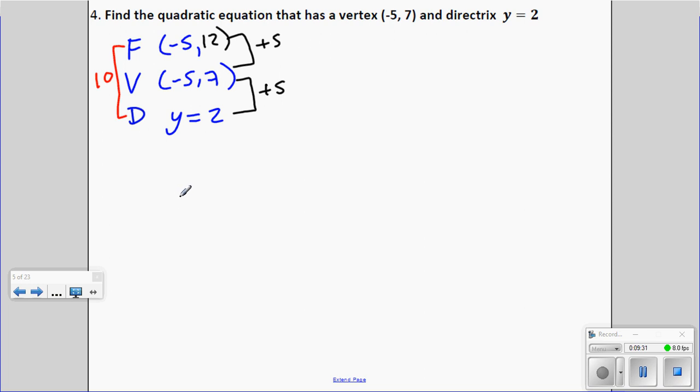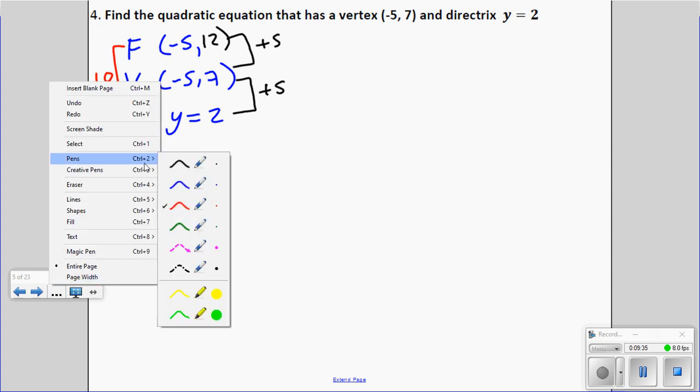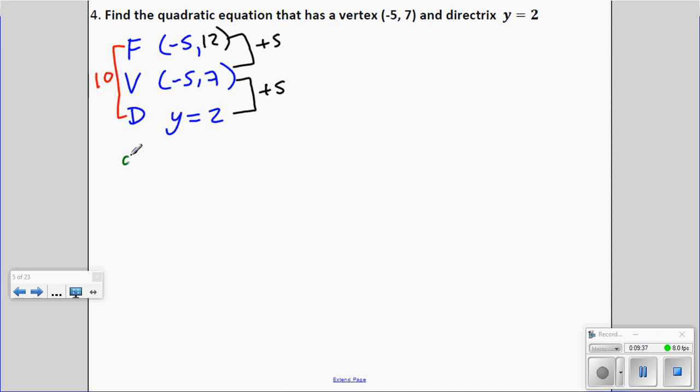Now this parabola is going to open up. It's going to open up because the focus is on top. So when I write my equation, I need to make sure I keep a positive.